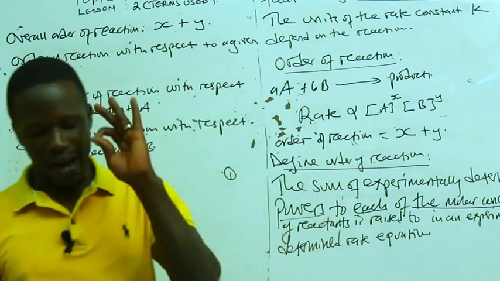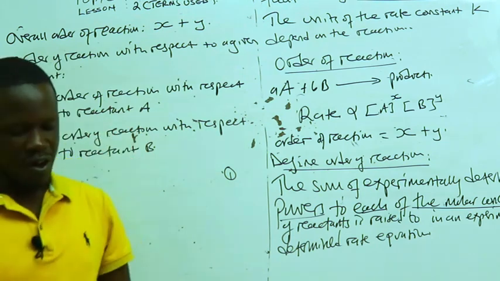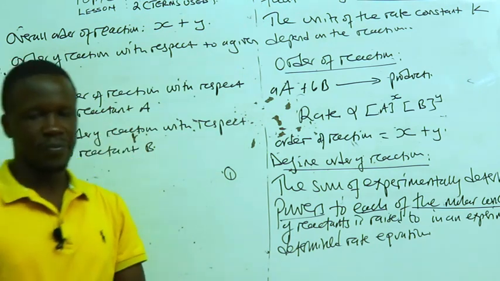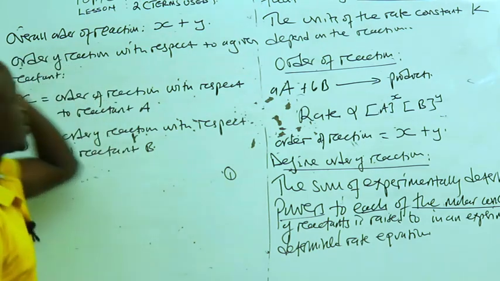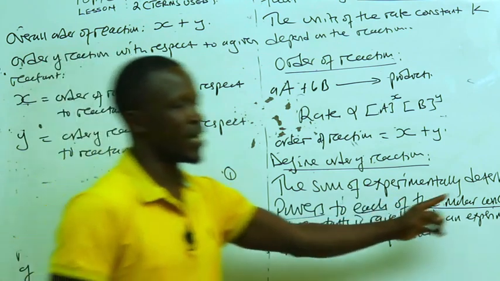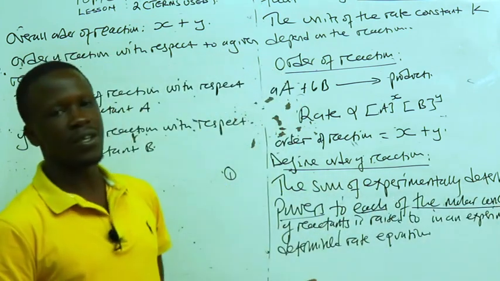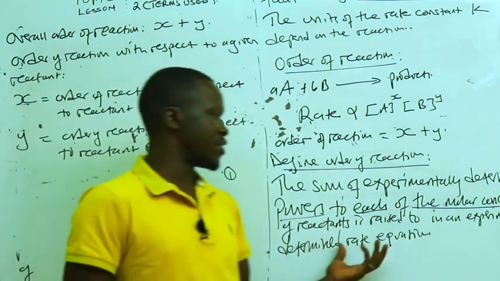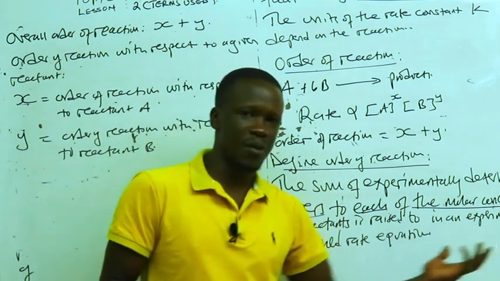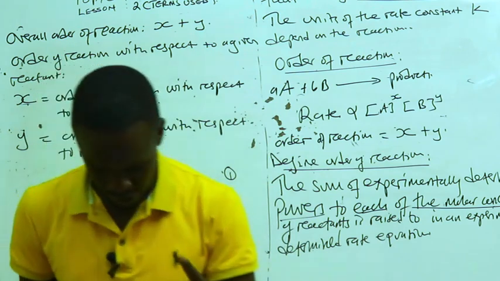So if we are asked to define order of reaction, then we are going to say order of reaction is the sum of experimentally determined powers to which each of the molar concentration of reactants is raised to in an experimentally determined rate equation.